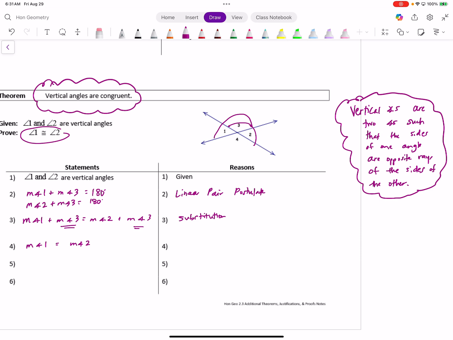And here's another one of those things. Hang on, I just looked at my notes from years past, and I wrote this one in there. I still don't think it has to be there. Like, this is the reflexive property. I think it has to be there when we talk congruency. That measure of angle 3 is equal to the measure of angle 3. These are numbers.